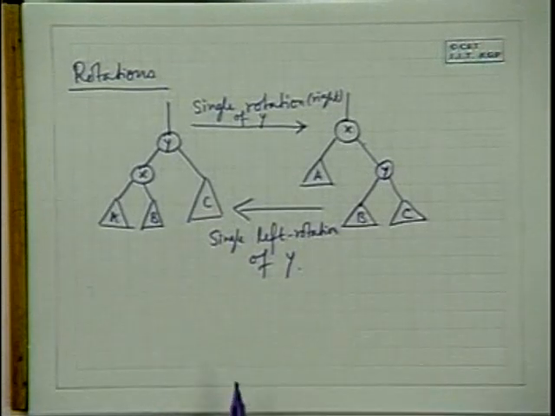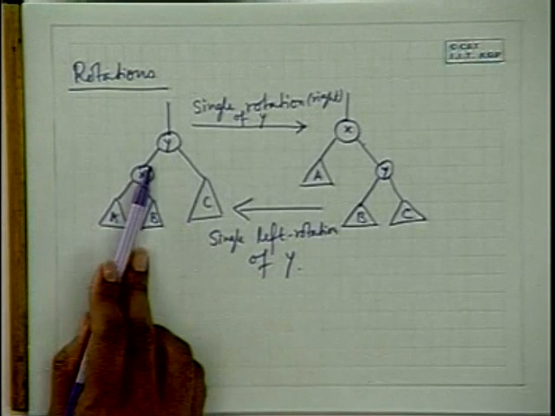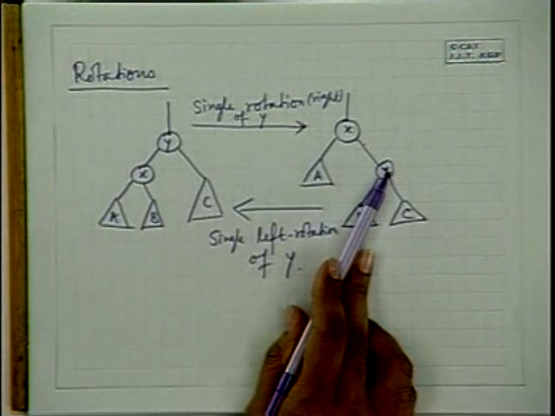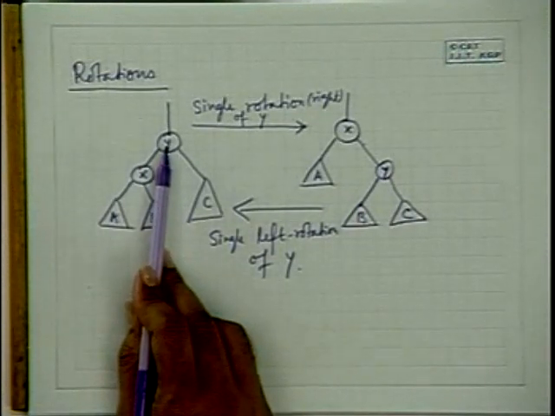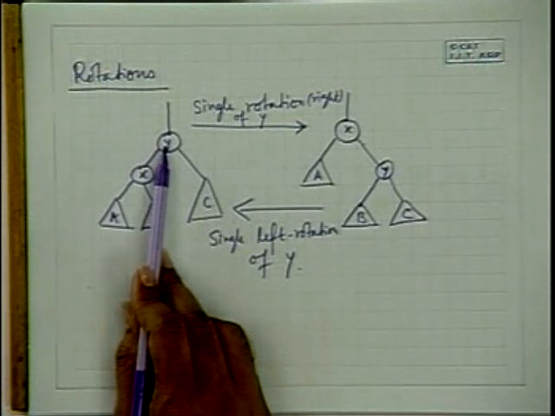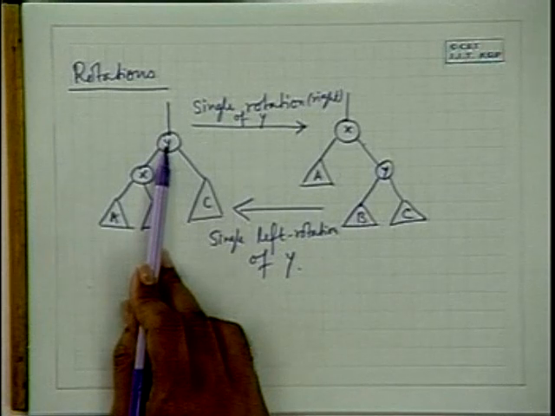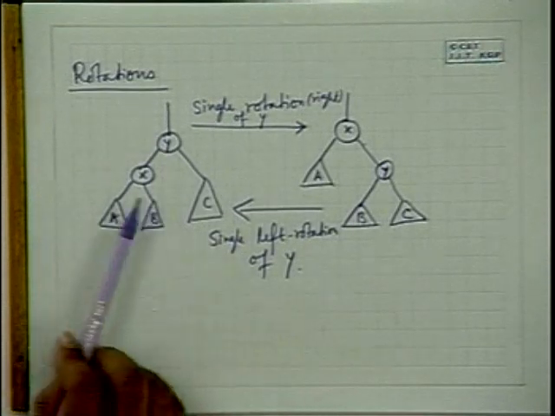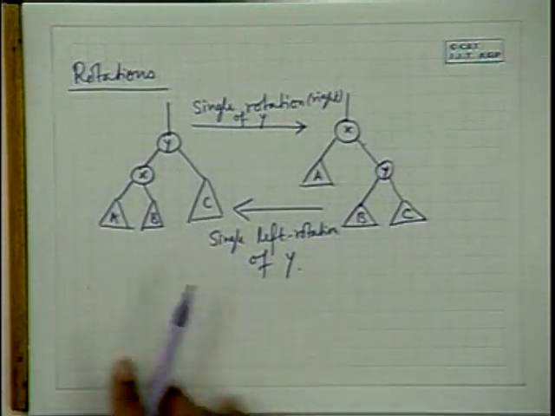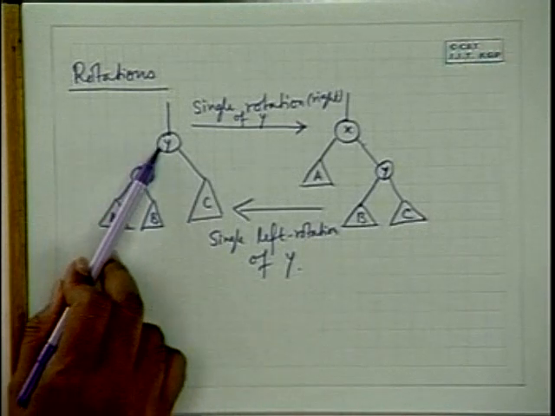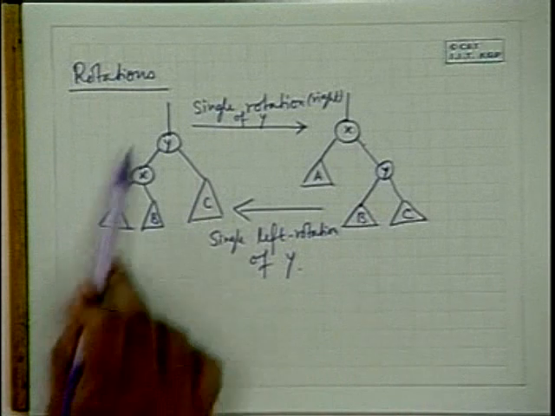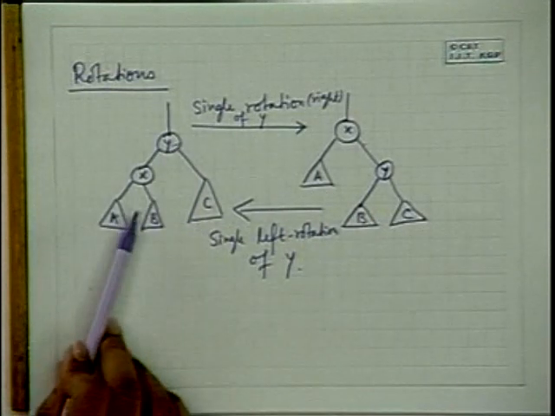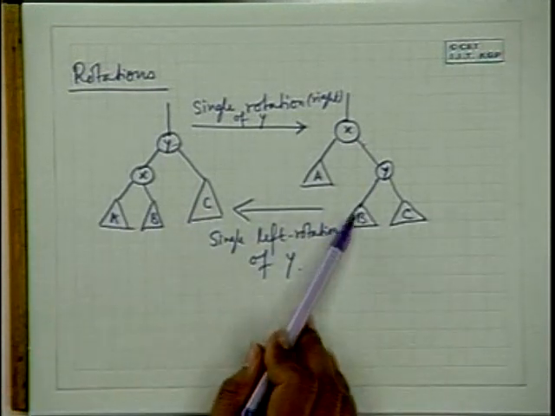Okay, here is the operation. If we are going from this configuration to this configuration, we say we are rotating y. This is a right rotation. We are rotating y in the right direction, and this is called the single rotation. You can see as if we are rotating this entire structure, y is going this way and x is coming up, and you are putting b as the left subtree of y.